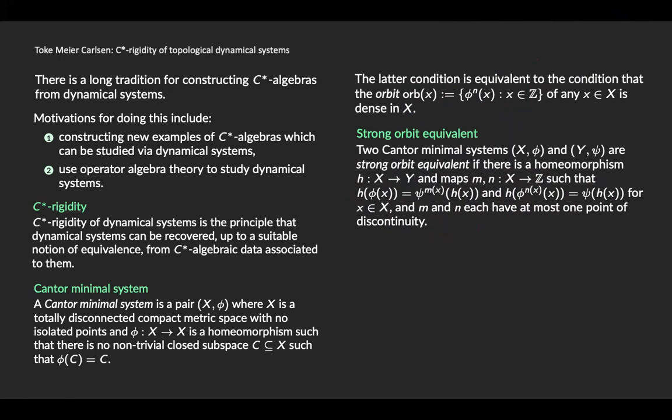So why is this called strong orbit equivalent? Well, any homeomorphism from X to Y will map an orbit to an orbit precisely when there are maps m and n from X to the integers satisfying these two relations. And if these maps can be chosen to have at most one point of discontinuity, then we say that the equivalence is a strong orbit equivalence.